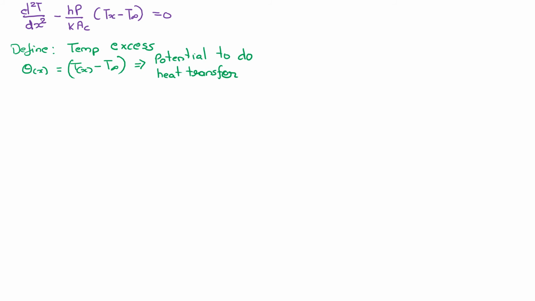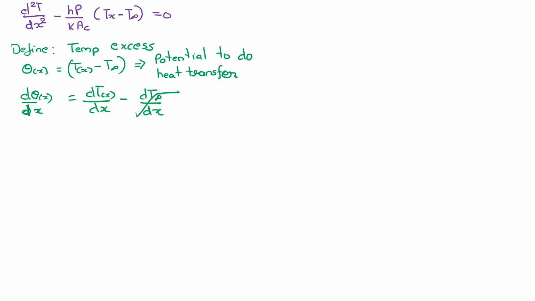So if we define this, let's see what our d theta by dx looks like. Taking the derivative of theta with respect to x, this will be dT of x by dx minus dT infinity by dx.